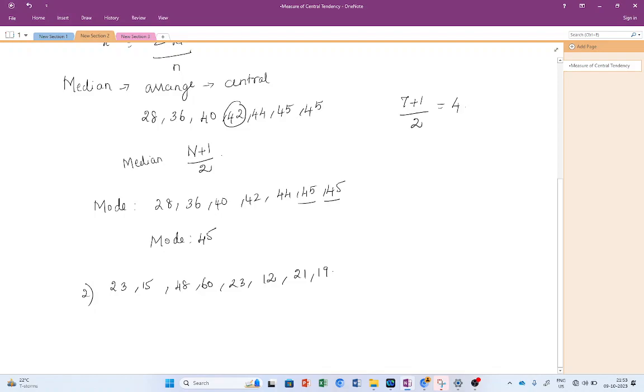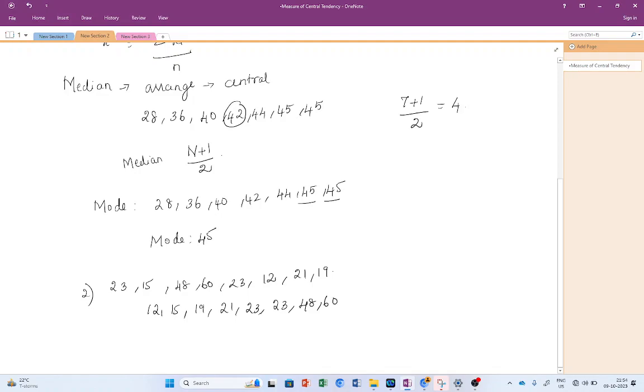In ascending order it will be 12, 15, 19, 21, 23, 23, 48, 60.